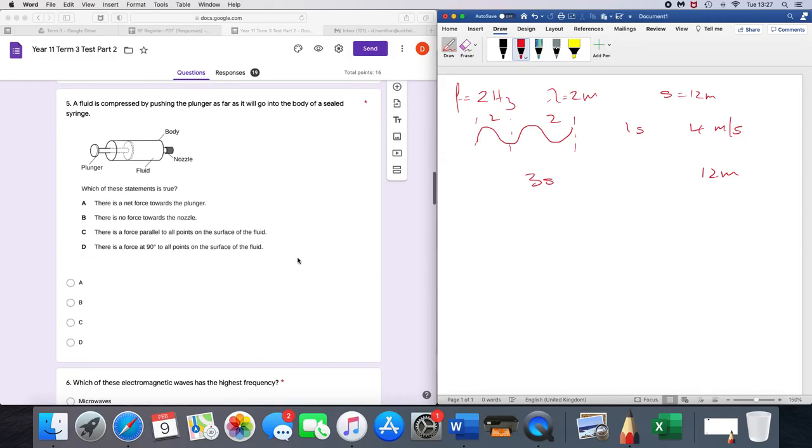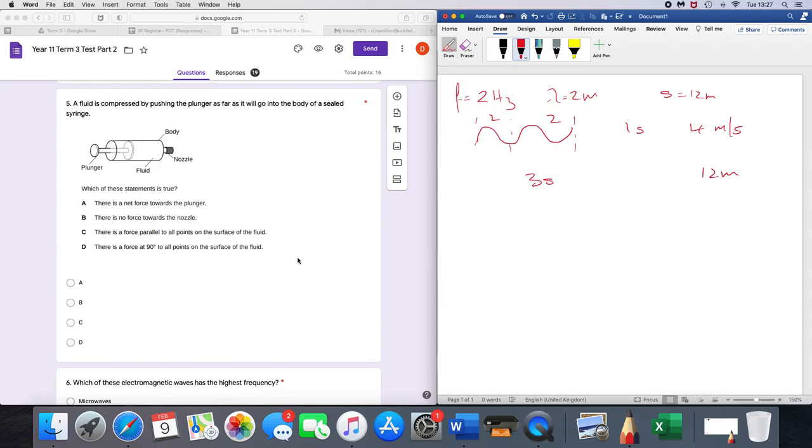Question 5. The fluid is compressed by pushing the plunger as far as it will go into the body of a sealed syringe. Which of these statements is true? There is a net force on the plunger. There is no force towards the nozzle. There is a force parallel to all points on the surface of the fluid.